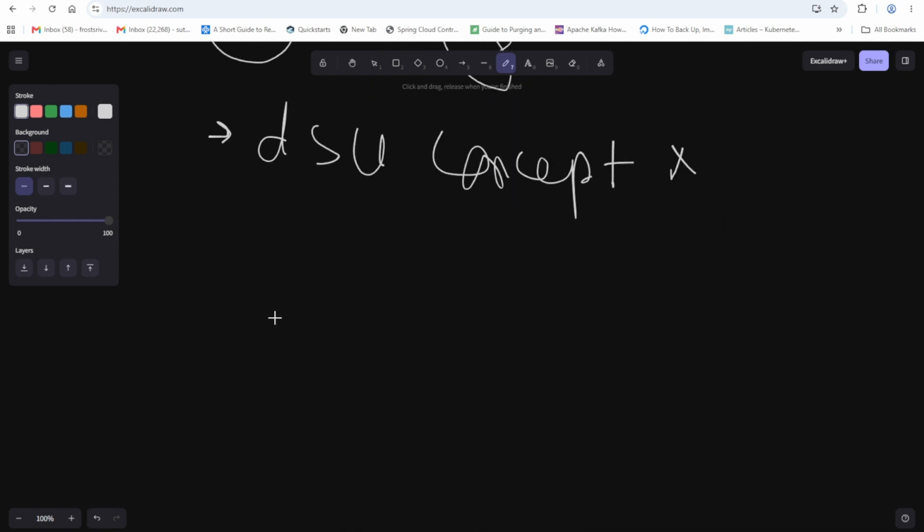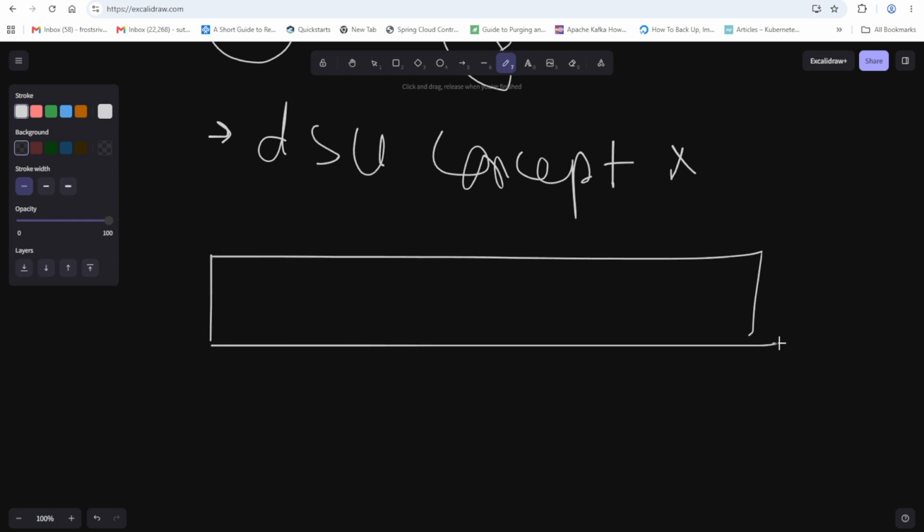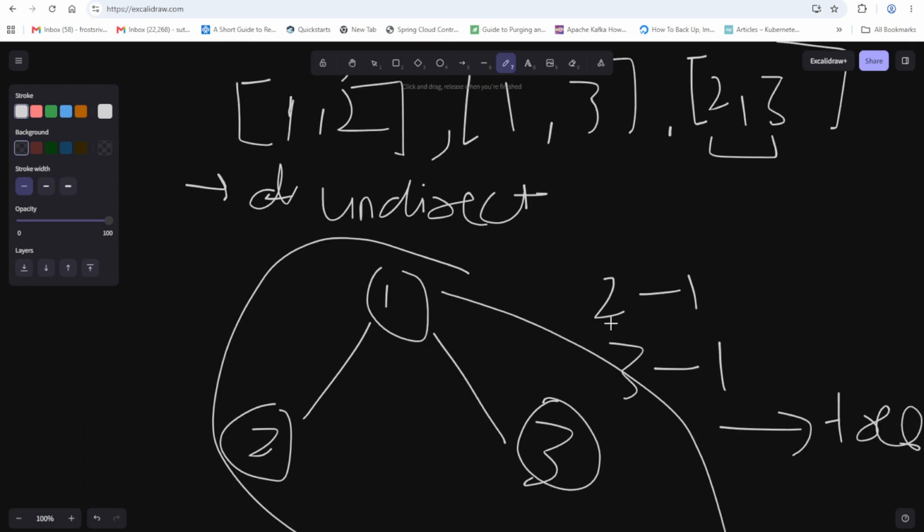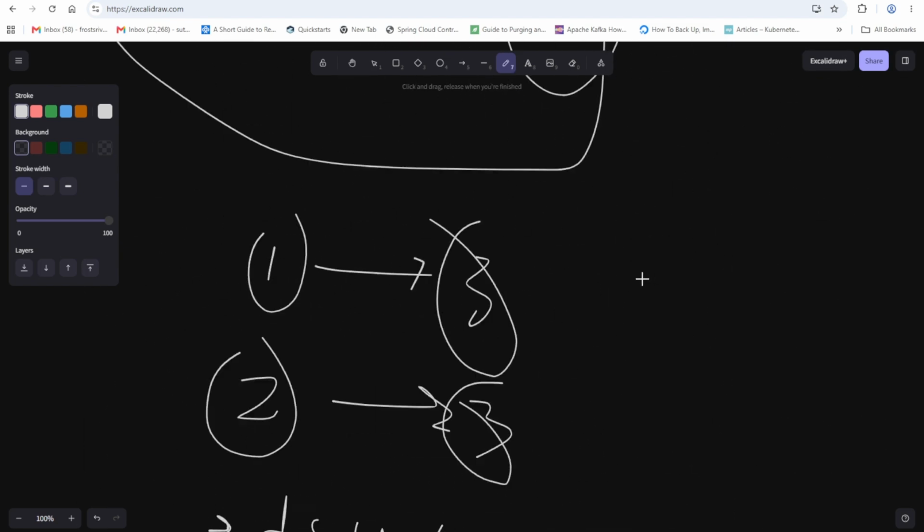So to find these two nodes, we will take one array of size n plus 1, since it's 0 indexing, so 1 2 3. 1 will store the parent of 1, 2 will store the parent of 2, and 3 will store the parent of 3. So we go query by query, 1 2, 1 3 and 2 3.